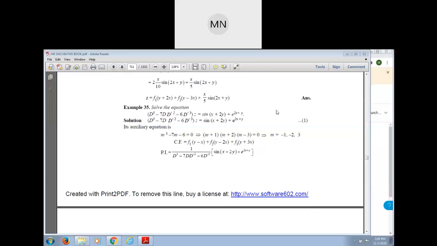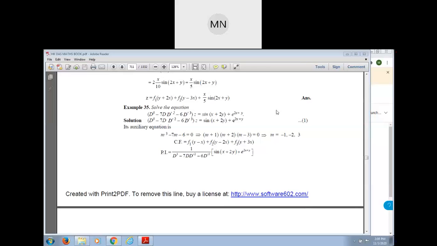Now see this problem. The problem is (D cube minus 7 D dash square minus 6 D dash cube) z equals sine of (x plus twice y) plus e to the power (twice x plus y).